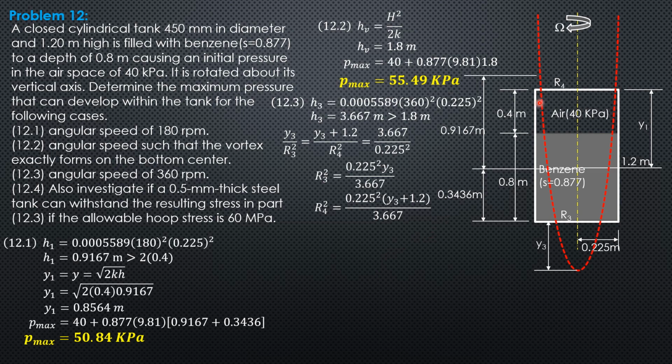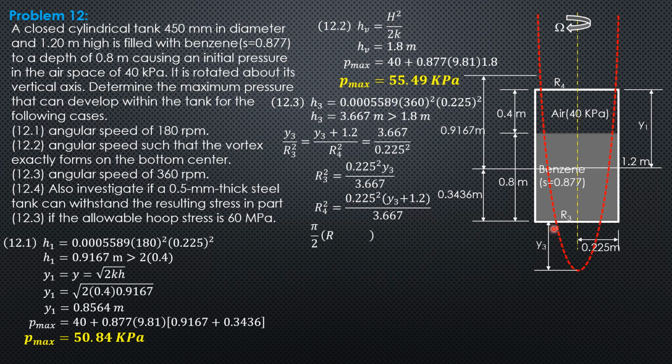Next, let's equate the final volume of air, which is defined by this parabolic segment with two bases of height 1.2 and radii R3 and R4, to the original volume of air, because the final volume of air inside the cylindrical tank is equal to the initial volume. The air cannot escape because it is closed.